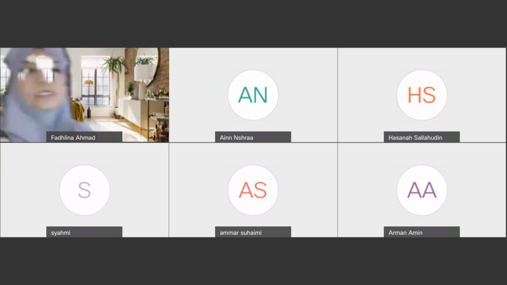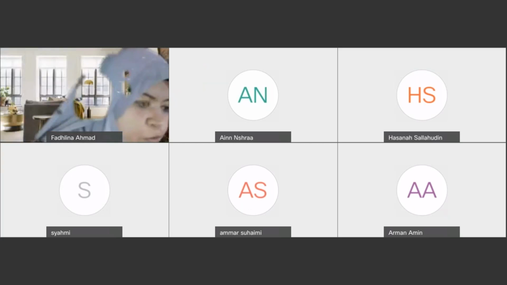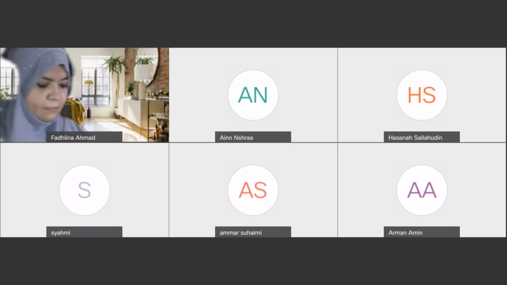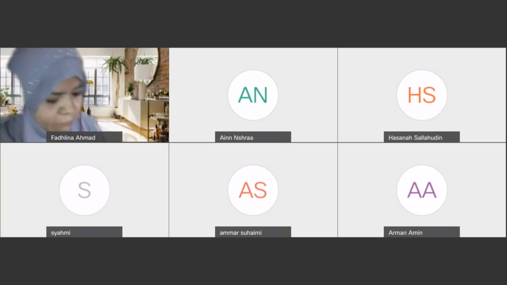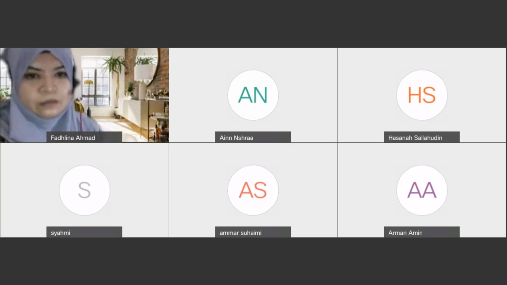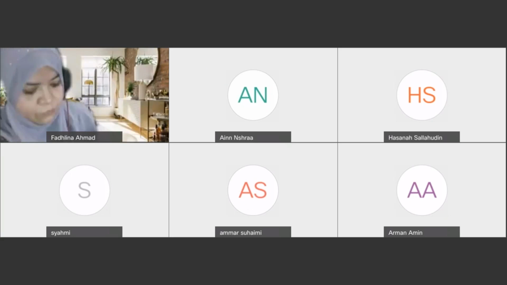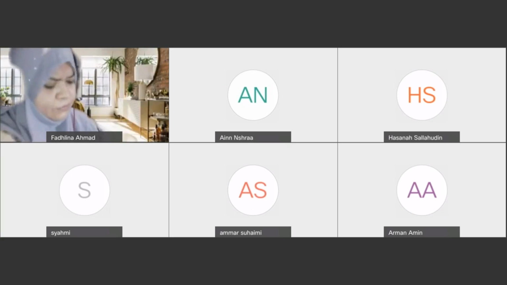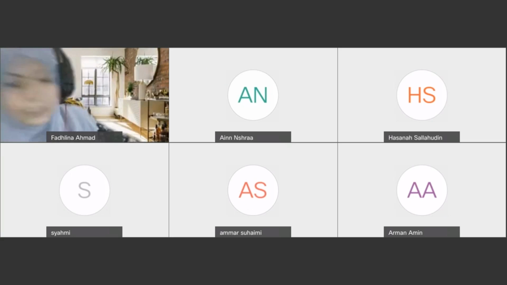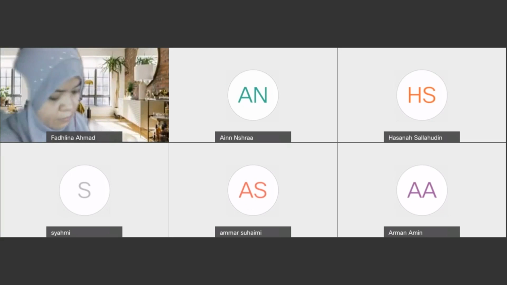You will need to show how you want to enter your pavilion, let's say from your pedestrian walkway, and then how you want to exit. Those are the things you need to show me on Thursday. Is there any question?